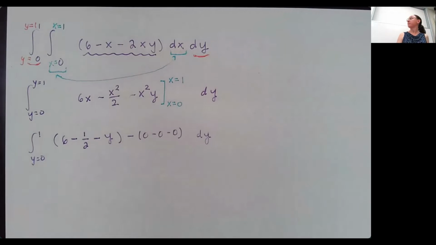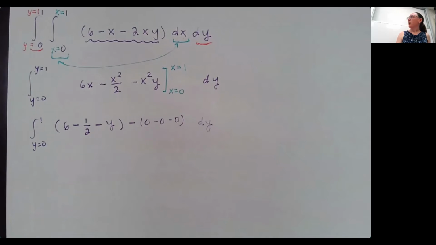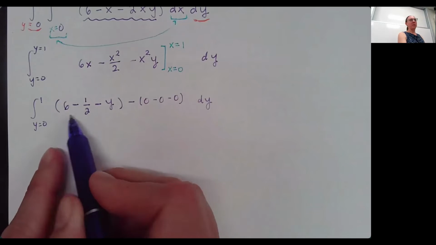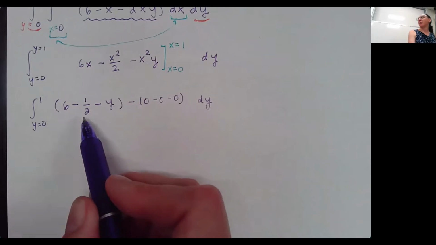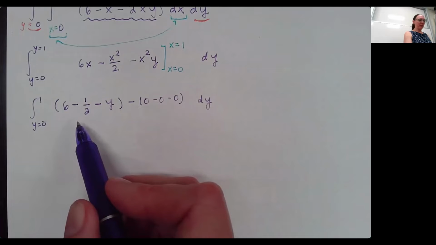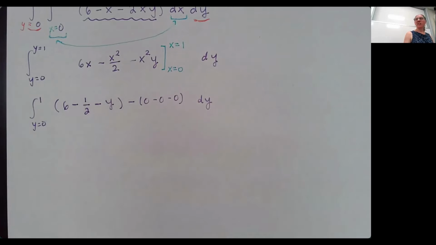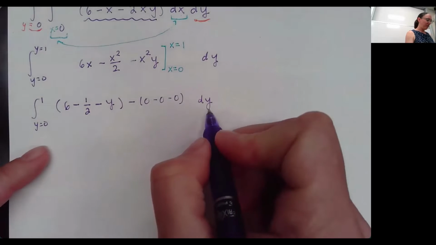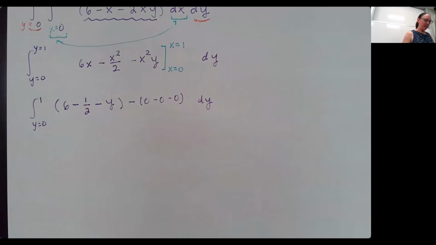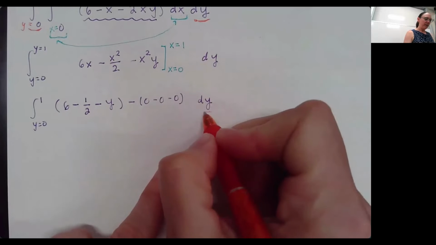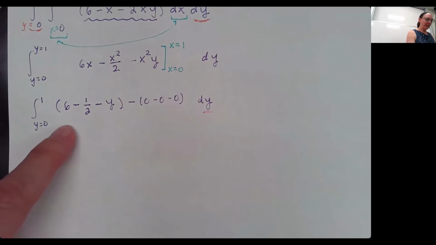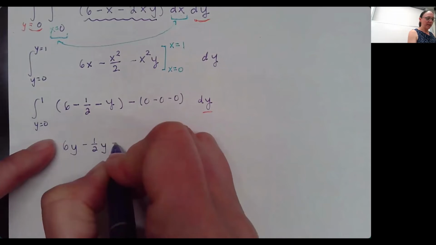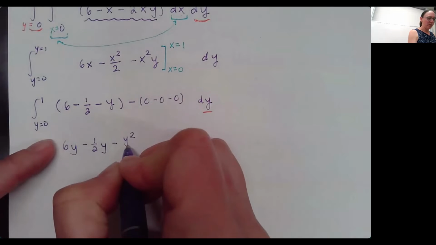You could worry about getting a common denominator and putting these together. I probably wouldn't worry about it at this step because they're both just constants, so taking that integral isn't so bad. So this time my variable of interest here is y, which means when I integrate a constant, I end up with 6y minus 1/2 y minus y squared over 2.